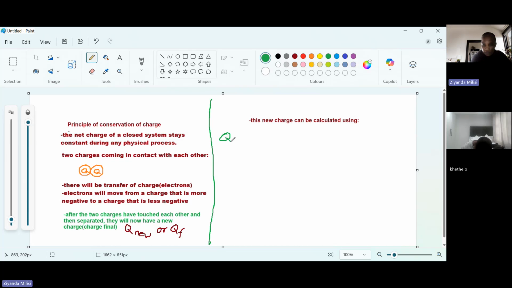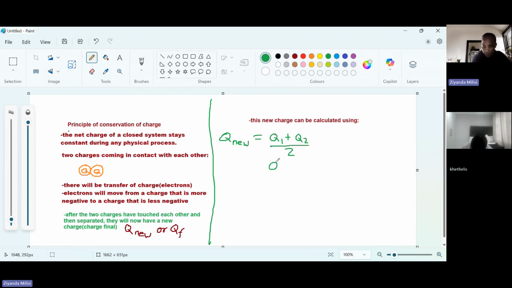Q new, I must write the new as a subscript. Q new is equal to, if two charges have touched, Q1 plus Q2, all over 2, because there's two of them. If there's three of them, you say Q1 plus Q2 plus Q3 divided by 3.